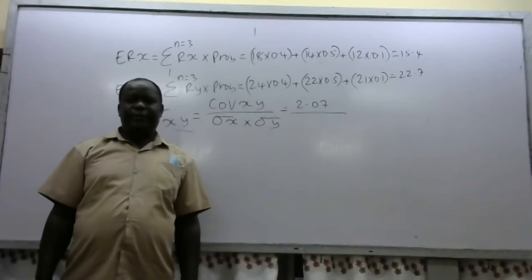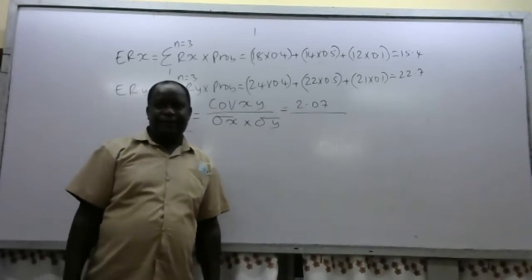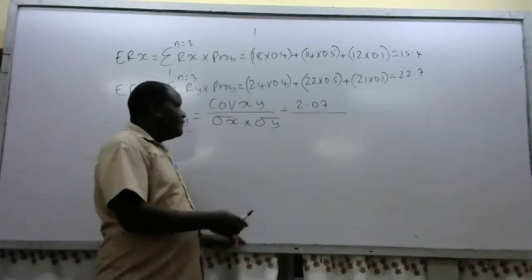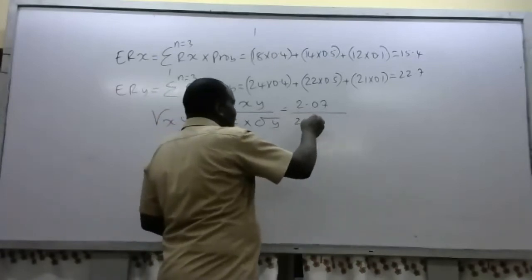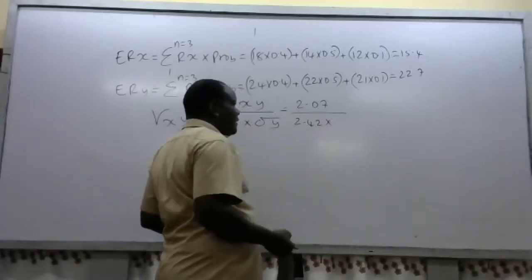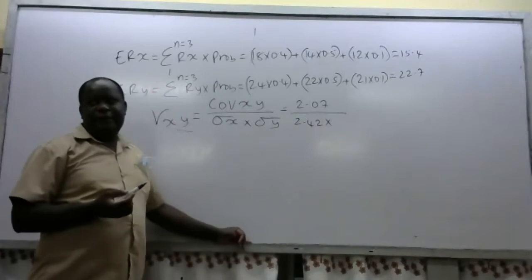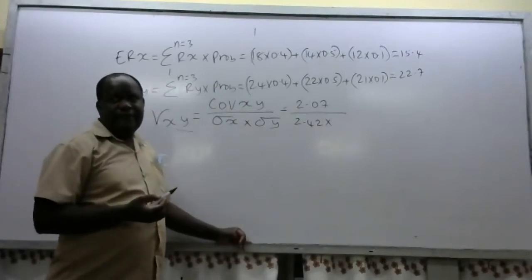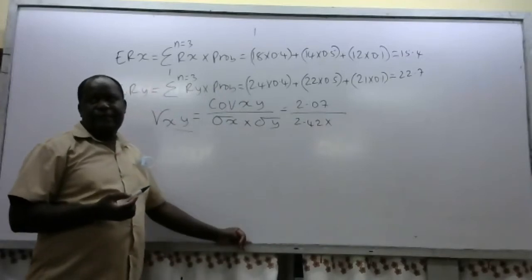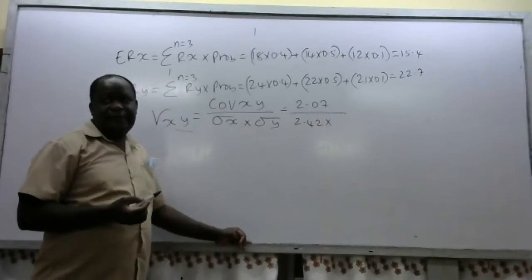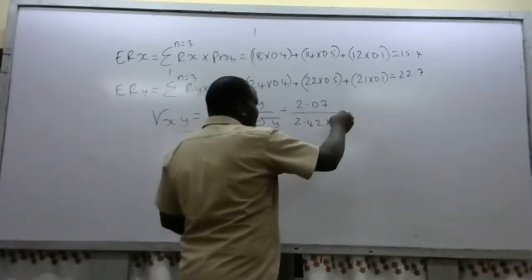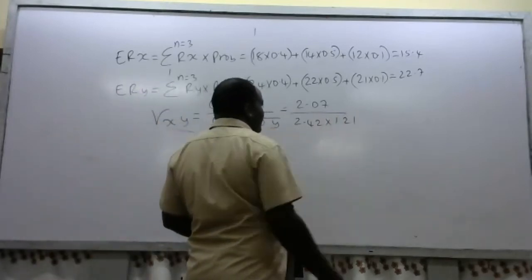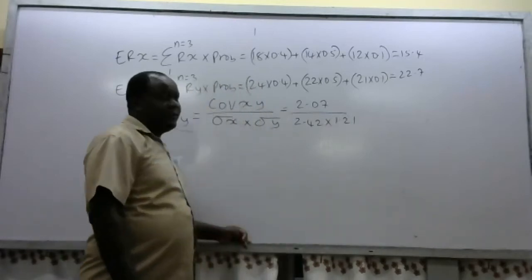It should be 2.42. Then how about the one for y? 1.21, when you get the square root.